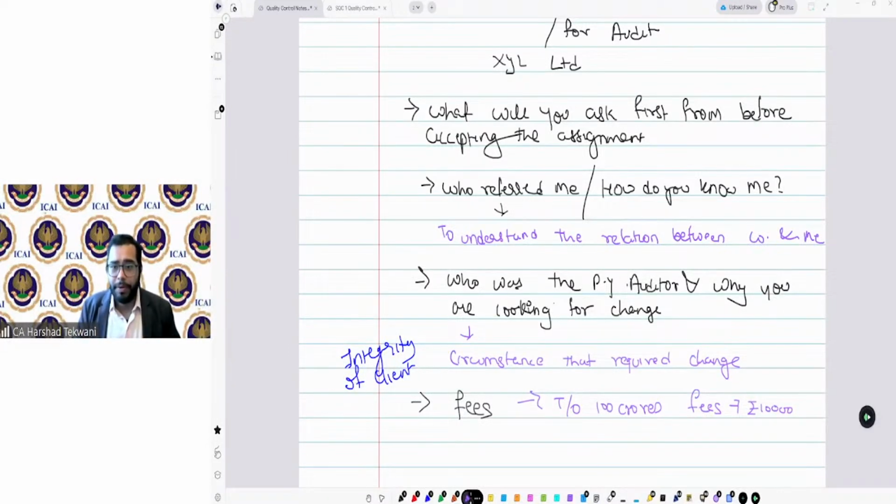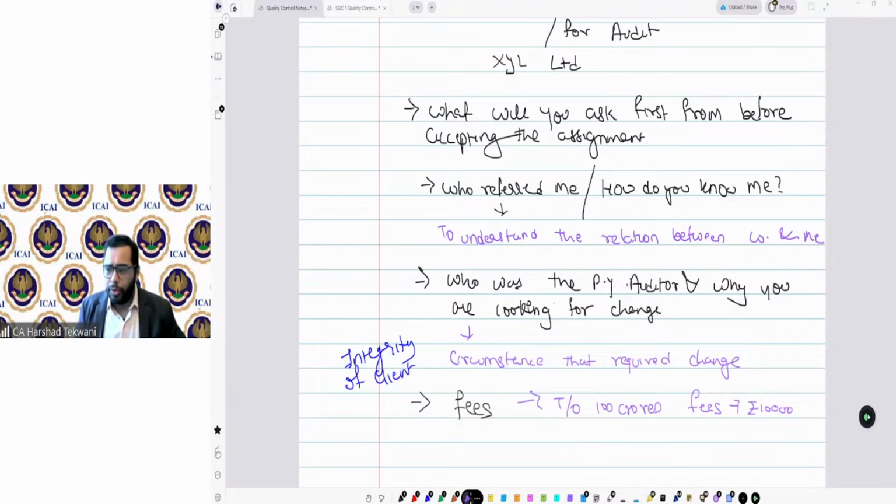They are paying 10,000 rupees, a good amount, might be more than someone's stipend. Why are you not accepting? Very good, Prajwal. Very good, Charu.